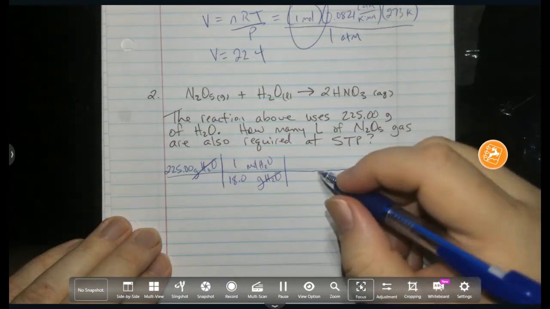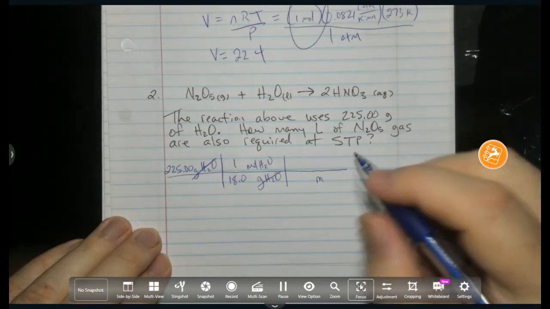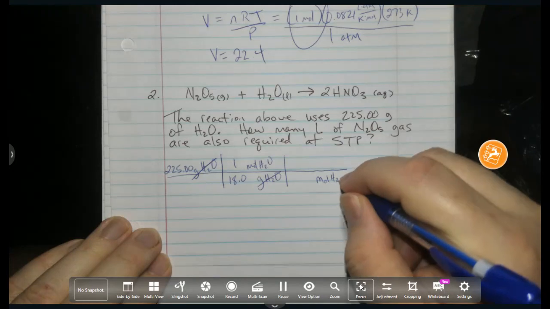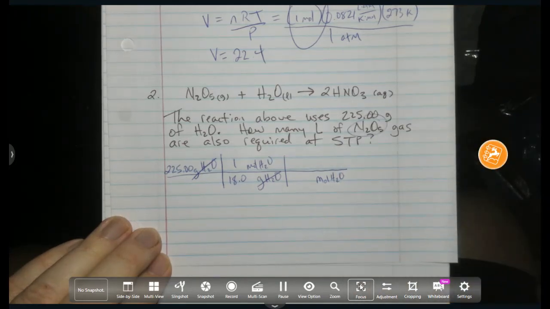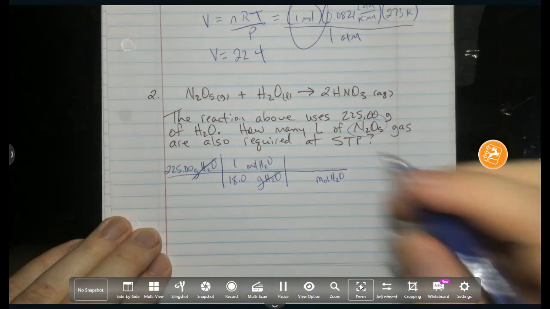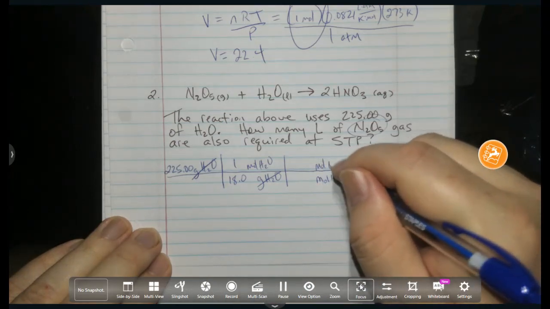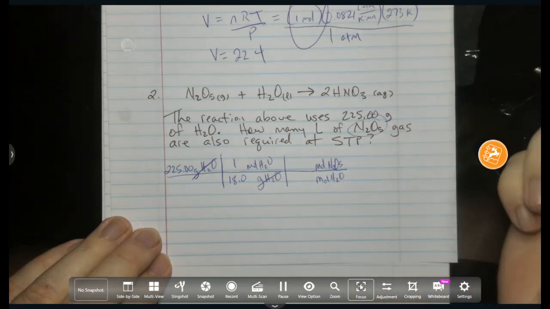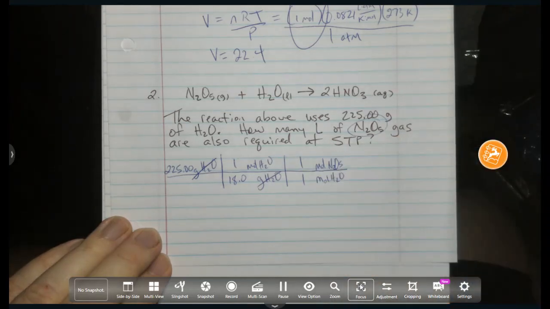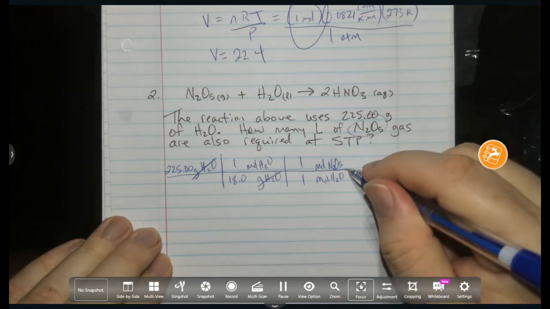And at this point, we're just going to do a conversion. Moles of water, this is our stoichiometry step. And we're worried about N2O5, which is the other reactant, and that's perfectly fine. So we're just really converting moles of water into moles of N2O5. It's kind of a lame problem, but it's just a 1-to-1 ratio, so nothing's going to change. We have the same number.